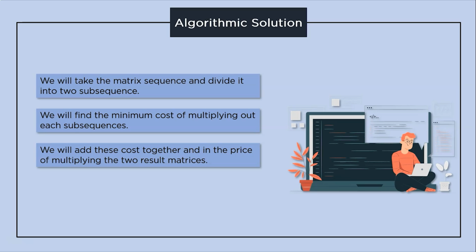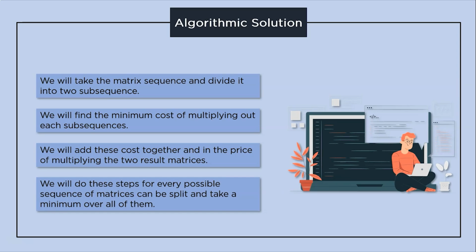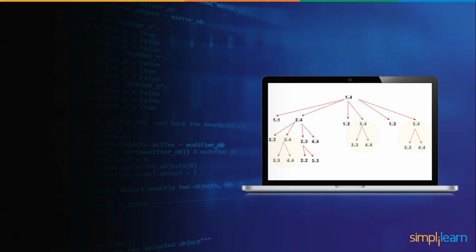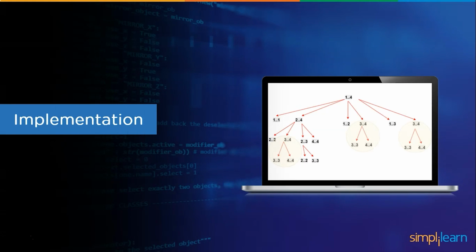Then we will add these costs together and add the price of multiplying the two result matrices. Finally, we will repeat these steps for every possible sequence of matrices that can be split and take a minimum over all of them. We have now discussed the problem statement and the algorithmic solution to matrix chain multiplication.